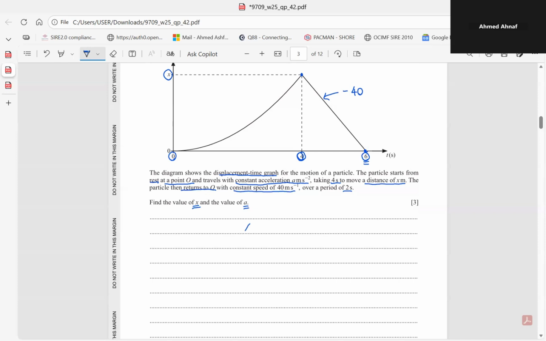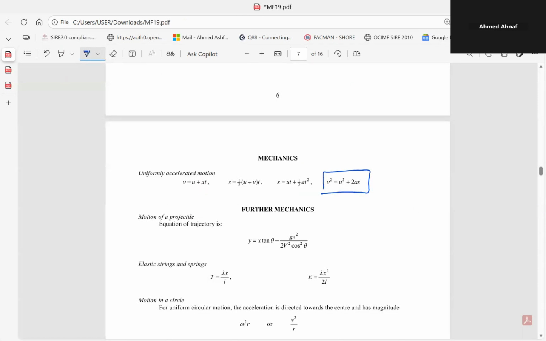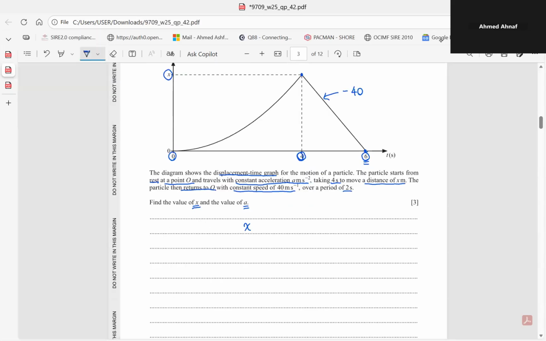We can use this since we know the time and the initial velocity, as well as this. We don't know the final speed. So let's use those two. v equals u plus at.